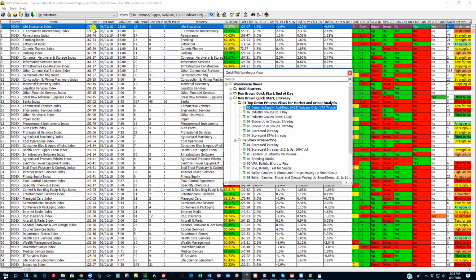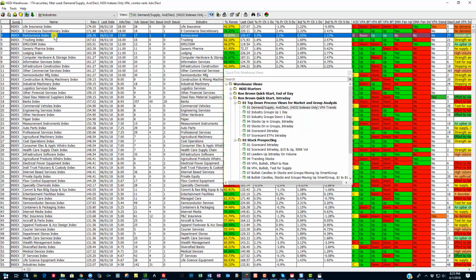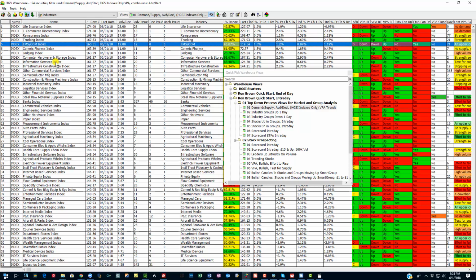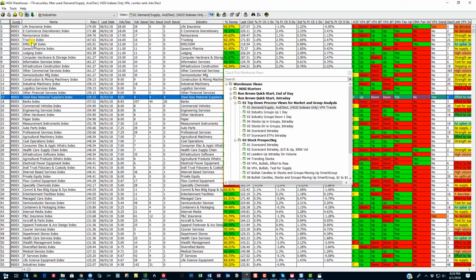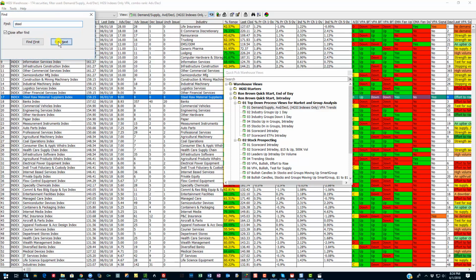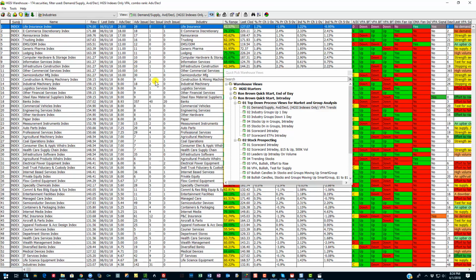Life insurance remains on top, but e-commerce discretionary worked its way up to the top of the groups, and this is with the closing data at 4 p.m. Reinsurance, trucking moved up. Let's see where the steels ended. They were the leaders this morning. Find next. Down at number 64, that's where it was when I was doing the video. So not much change there.